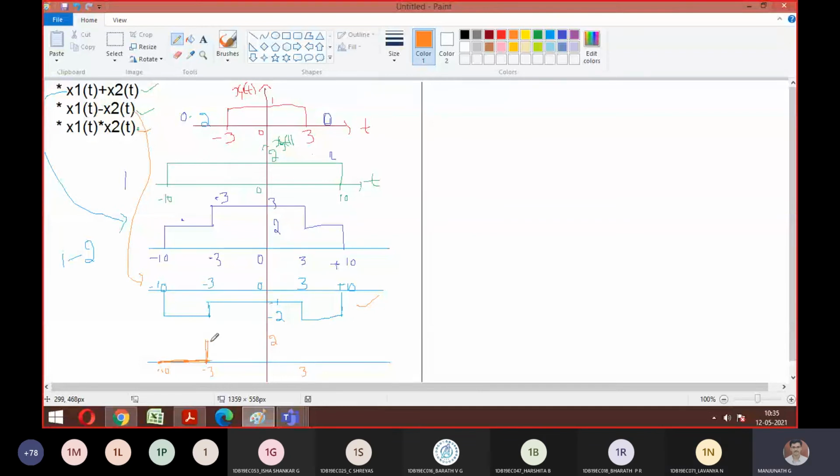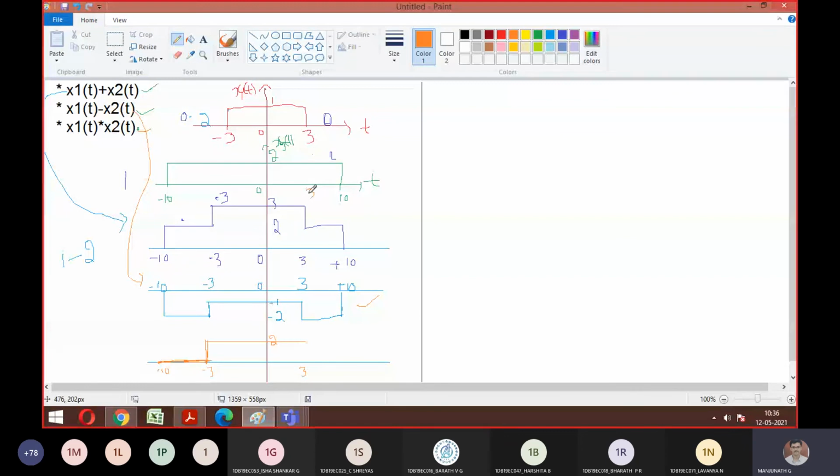So at 3, what do you have? At 3, it will come down. At 3, it is 1 here and 2 here, so 1 into 2 is 2.